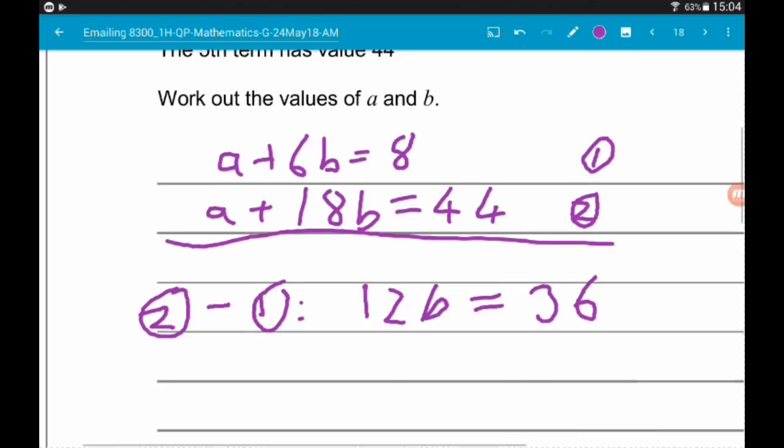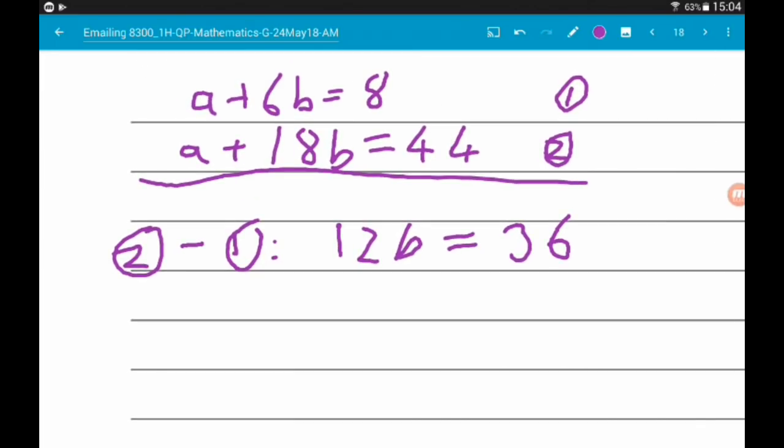So if we then divide by 12, we get b is equal to 3.